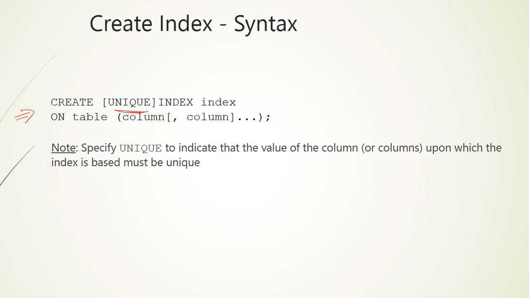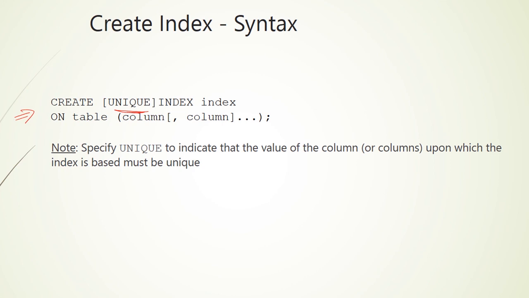For example, if you have a column that stores emails and the email values are unique, you can create, in this case, a unique index. But if you want to create, for example, an index on the first name or on the last name, and you know there are duplicate values in the last name and the first name, in this case, don't specify unique. You can just write create index. In this case, the index will not be unique.